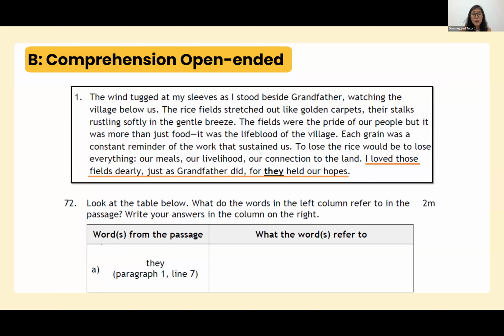If you look just a few lines above, you should be able to spot the rice fields. And therefore, your answer is, for the rice fields held our hopes. Do note, it's a lowercase letter t, therefore, start with a lowercase, even though your clue is capitalized. Shall we try the next one?